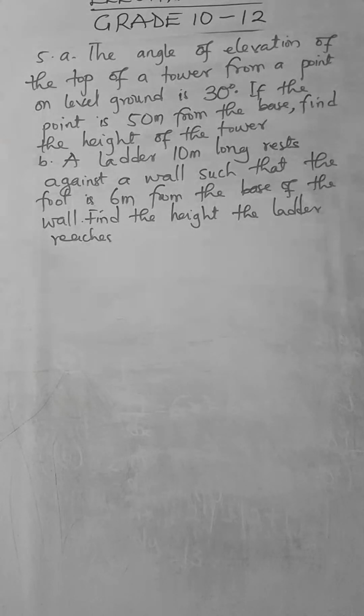Okay, so this is a trigonometric question that we'll be looking at. So let's look at this one. We have the angle of elevation of the top of a tower from a point on level ground is 30 degrees.